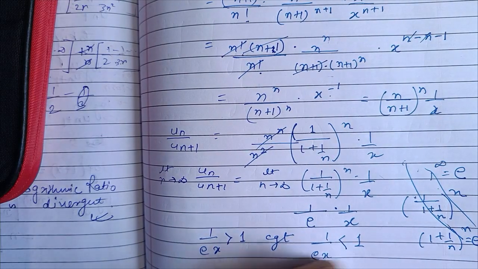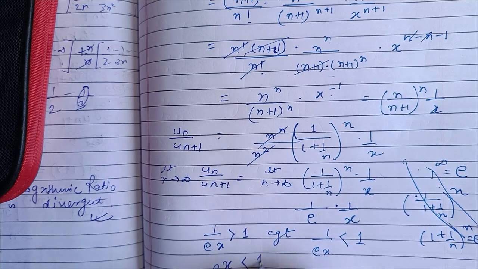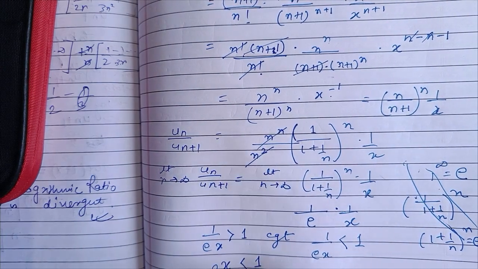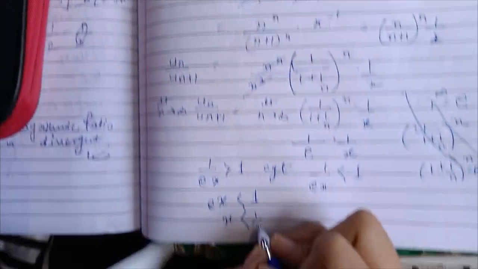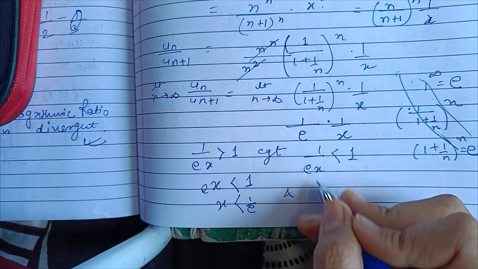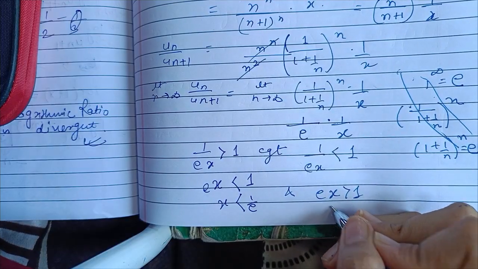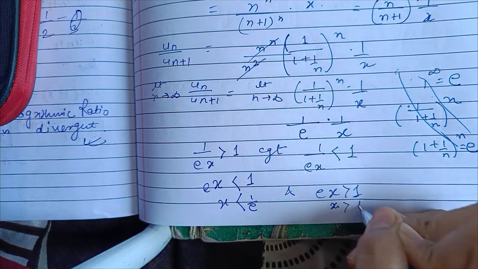So if that's the case, then the inequality will get changed. x is less than 1 upon e, and if this is the case, then e to the power x is greater than 1, and again x is greater than 1 upon e.